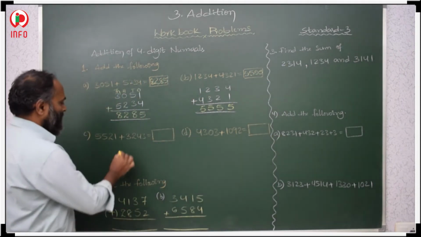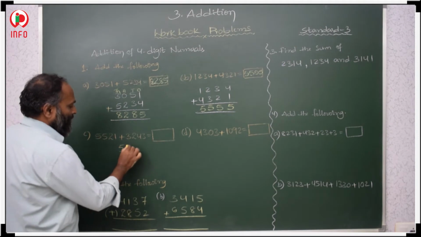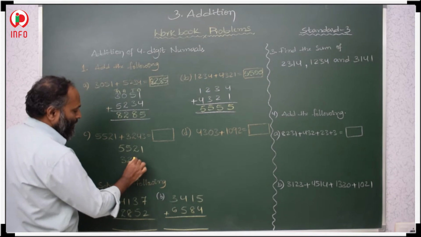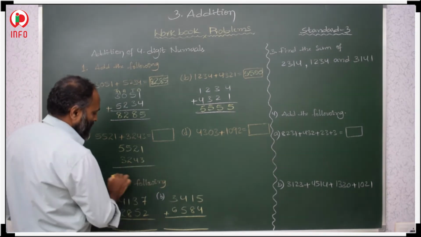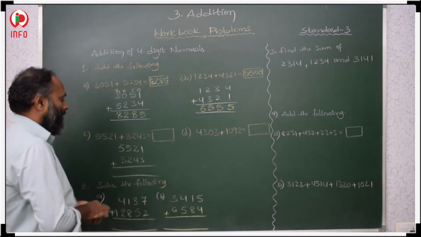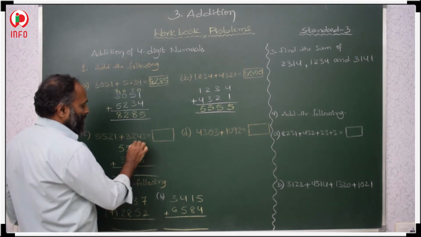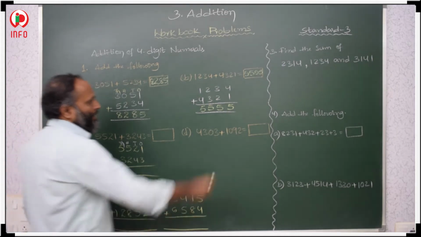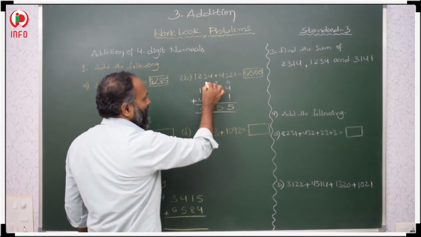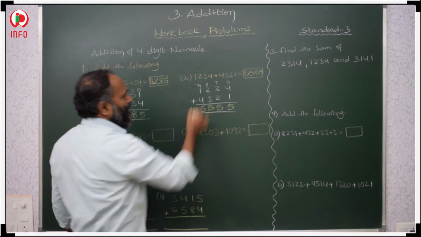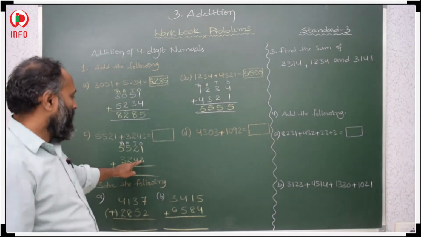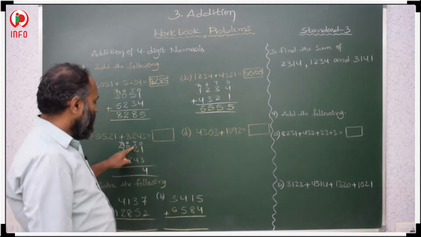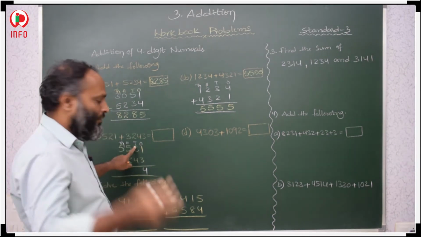Now here, 5521, 3243. Addition. These are ones place, tens place, hundreds place, thousands place. Add ones place. 3 plus 1, 4. 2 plus 1, 2, 3, 4, 5.